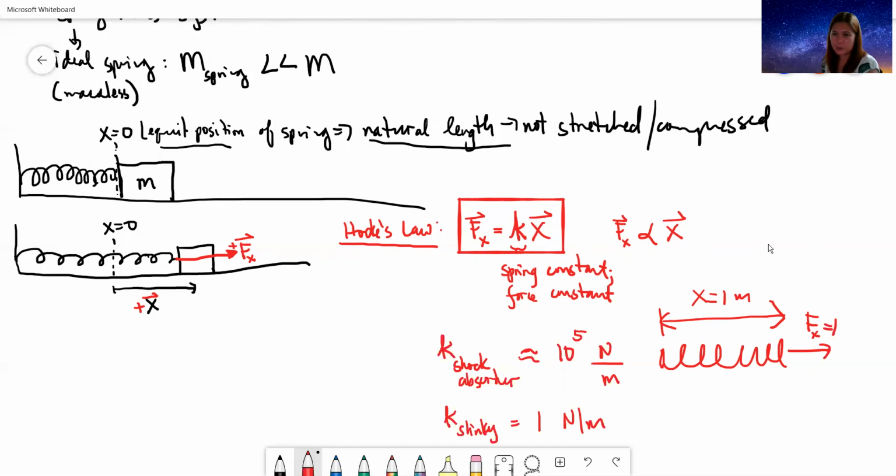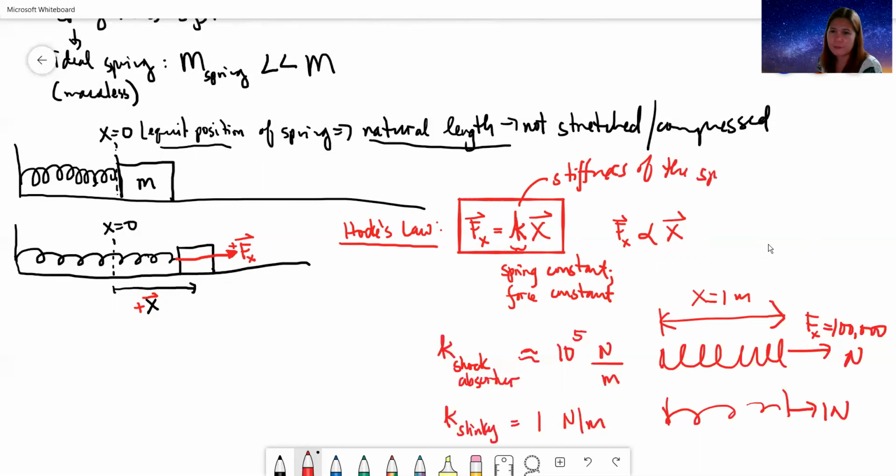It's around 100,000 newtons na force para ma-stretchan siya ng 1 meter. Pero si Slinky, kung gusto mo i-stretch siya by 1 meter, kailangan mo lang ng 1 newton. Ma-stretch na siya by 1 meter. So that's what I mean by the physical meaning of K. It tells you of the stiffness of the spring.